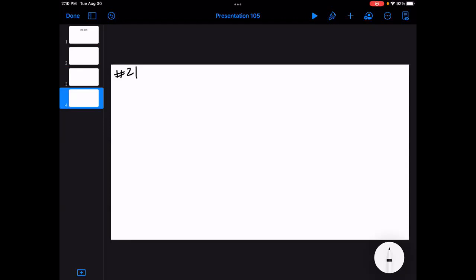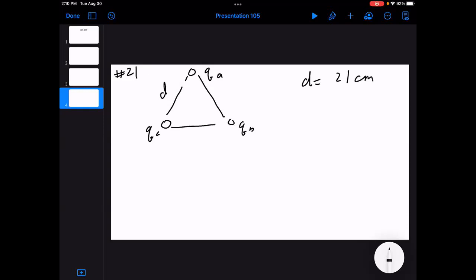For number 21, we have an equilateral triangle, which is nice, that has three charges, A, B, and C. I'm going to say this distance is D, and they give me a number for it. Since this is equilateral, it's the same distance between each one of them.